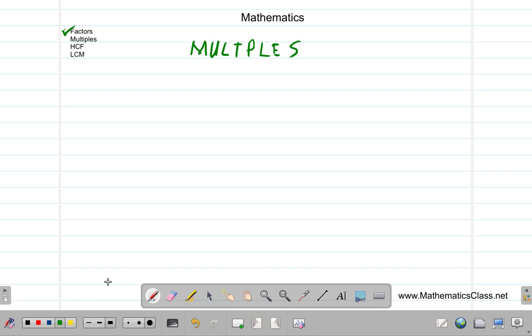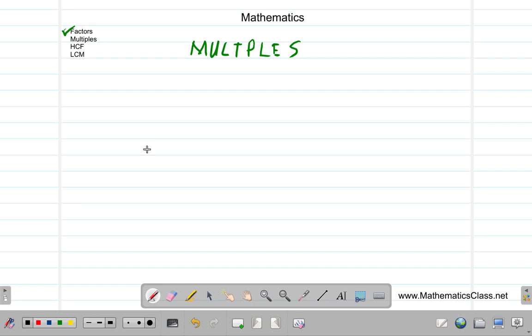Multiples of the numbers now. Let us see what those are. A while ago, we saw that a factor of the number can divide into the number.